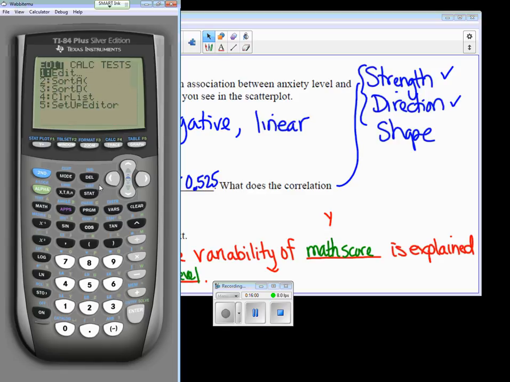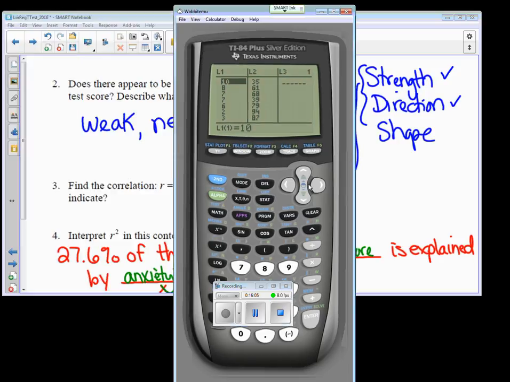If I go to Stat and back to Edit and go up to List 3, okay, the calculator will automatically calculate the residuals. We did them by hand back in October whenever we did residuals, but you can do them on the calculator. If you go here, and again, you've already calculated the line of best fit.